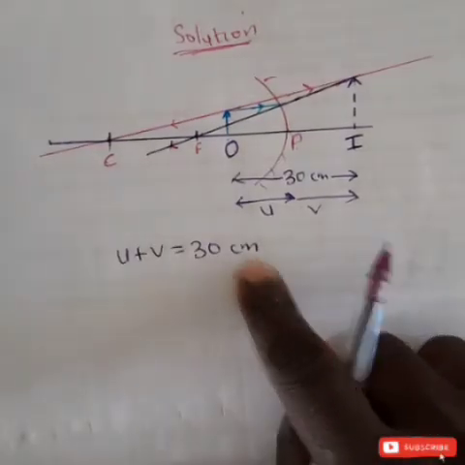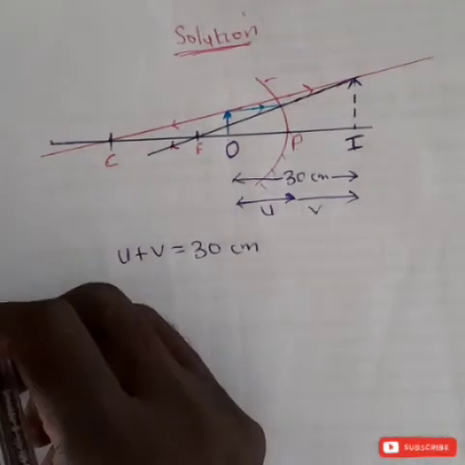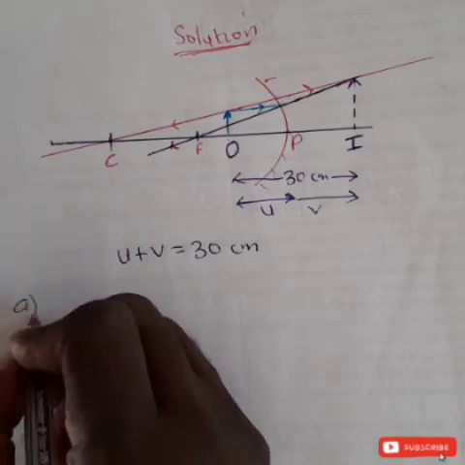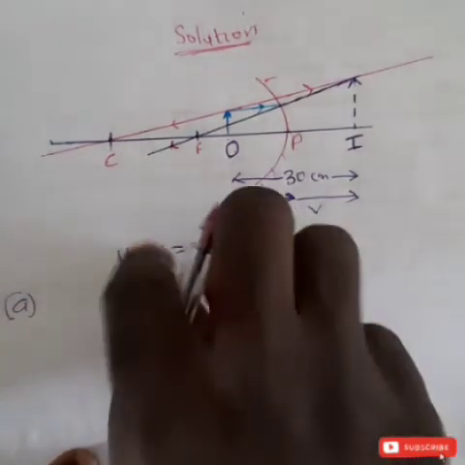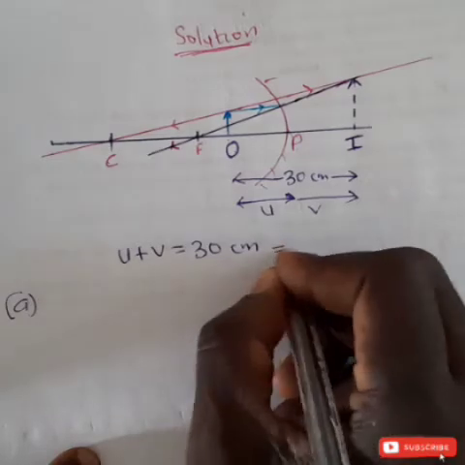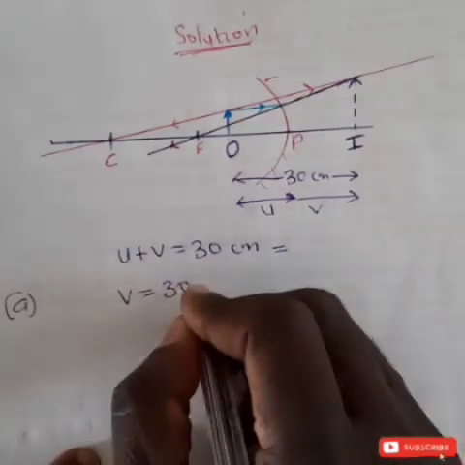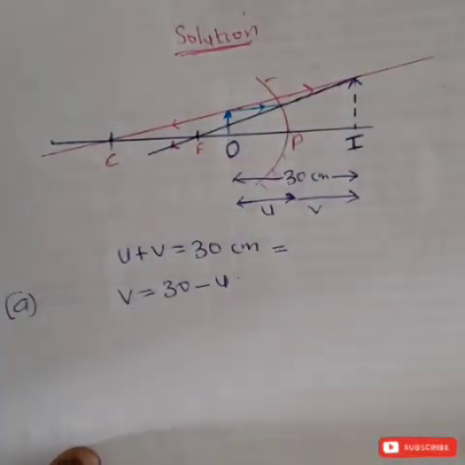Now, they ask us to find the object distance. What is the object distance? Since I'm looking for the object distance, I'm going to make V the subject of the formula. So from here, V is going to be equal to 30 minus U. And we are told that the image is twice as tall as the object.